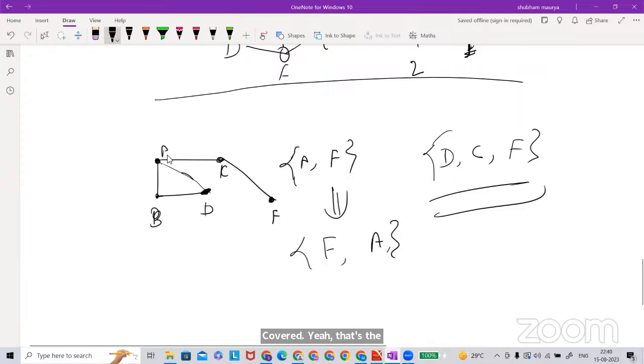So a vertex cover contains the set of vertices that we take. If you install at A, then this edge is covered, this one is covered, this one is covered.